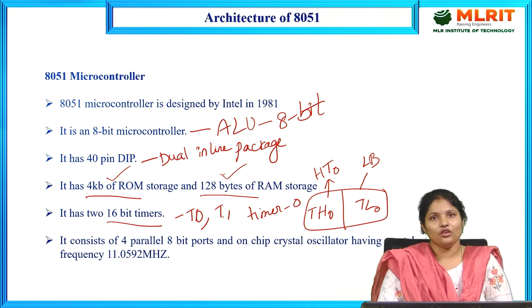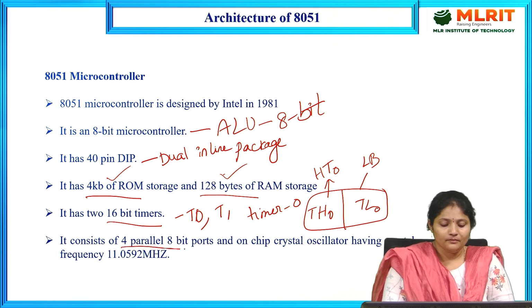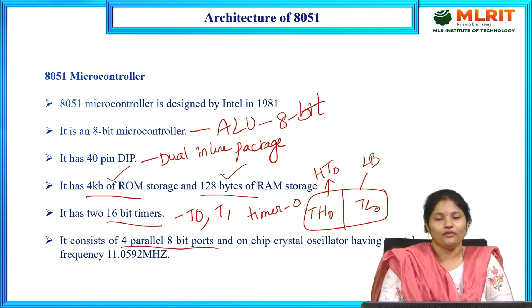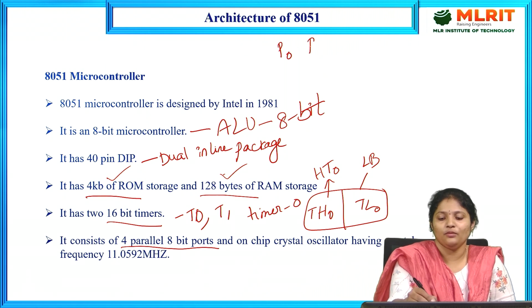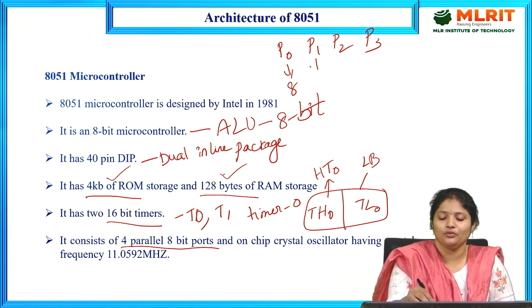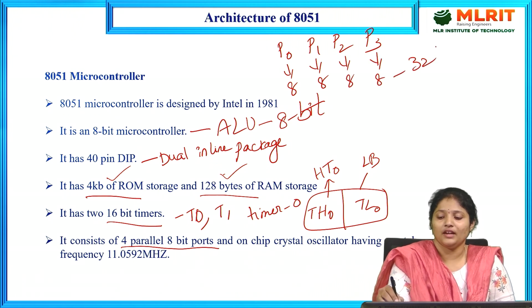It consists of 4 parallel 8-bit ports: port 0, port 1, port 2 and port 3. Each port has 8 input-output lines, so a total of 32 input-output lines is there.